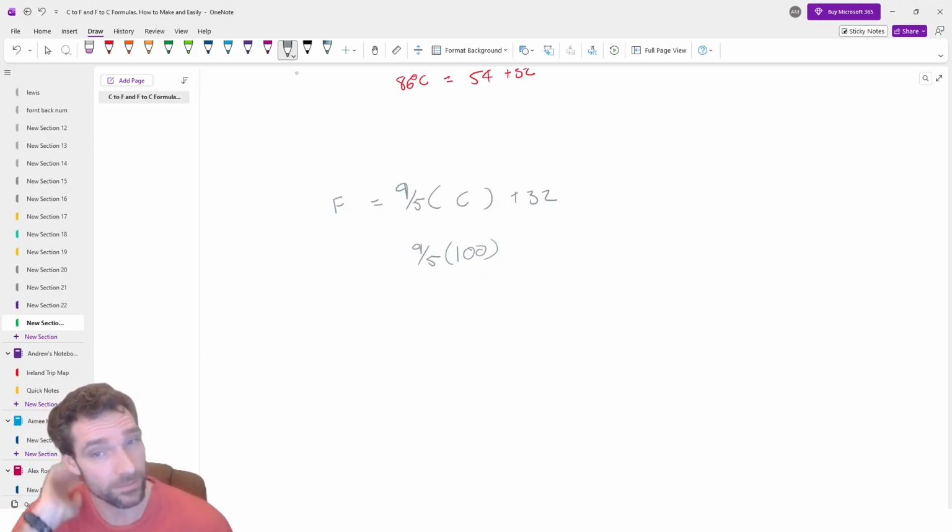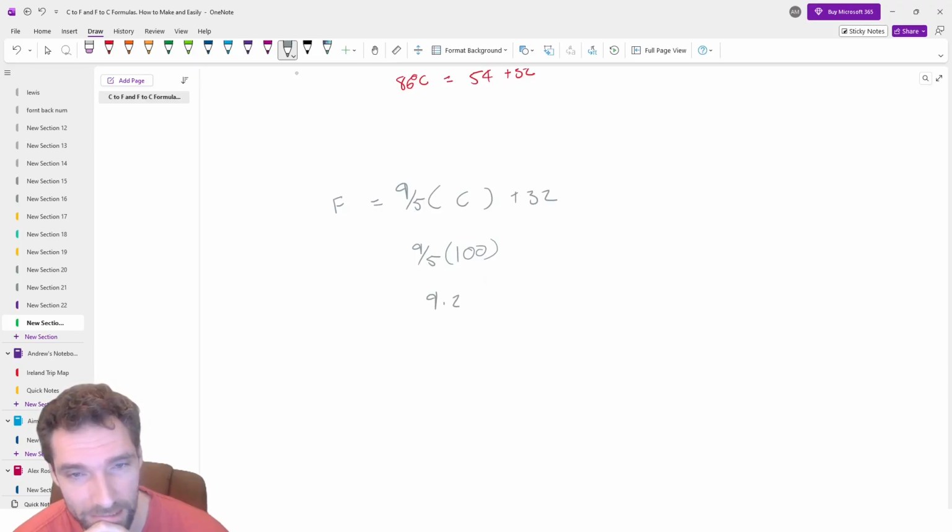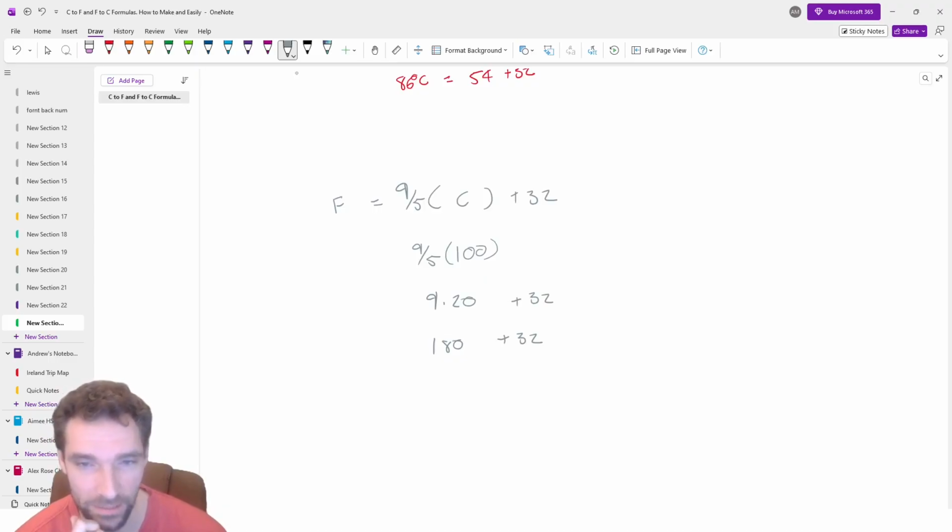It's actually 20. So this is going to be 9 times 20, which is 180 from those two. And we've got to add the 32 to that. So you've got 180 plus 32, which is going to be your 212 degrees Fahrenheit.